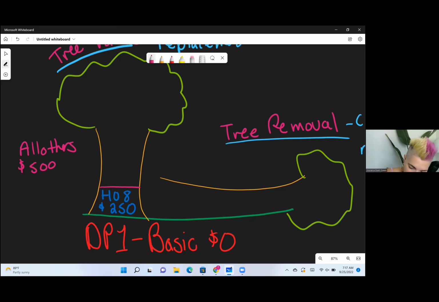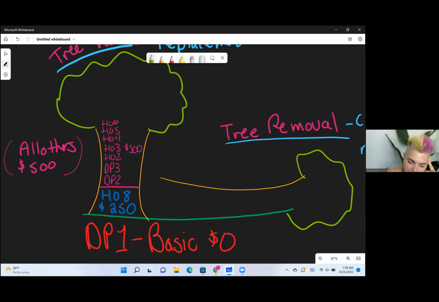If you go in order, it would be DP2, DP3, HO2, HO3, HO4, HO5, HO6. It's all going to be $500. All other policies are $500 per tree. So DP1, $0 per tree; HO8, $250 per tree; all others, $500. If you wanted to type them out, you can either type them out or just say all others, whatever makes sense to you.